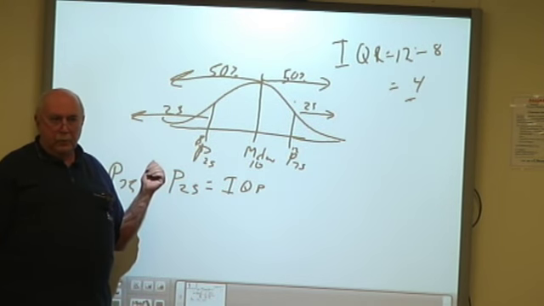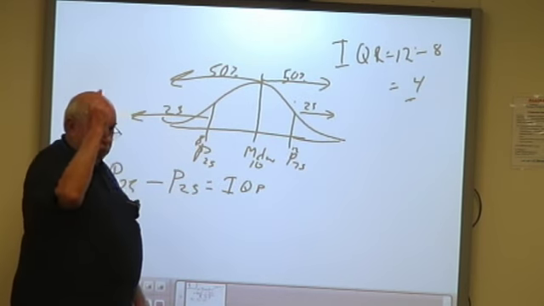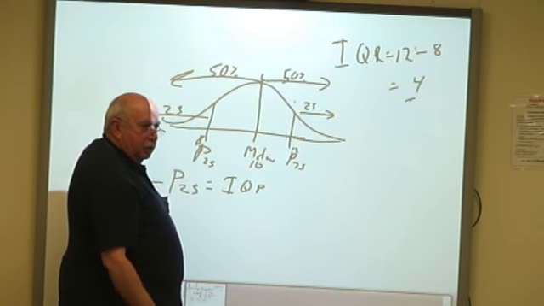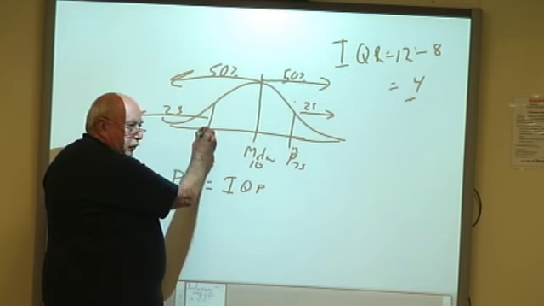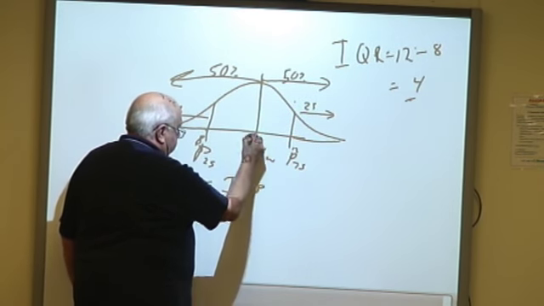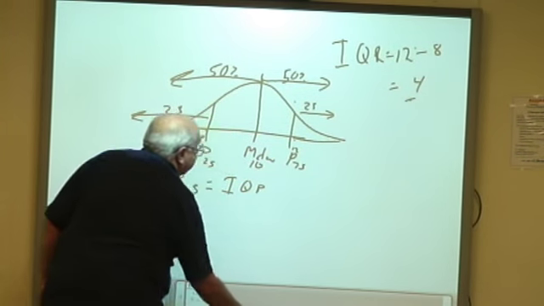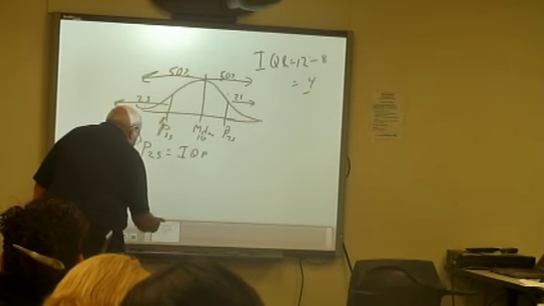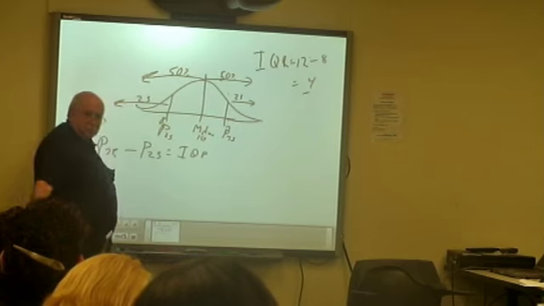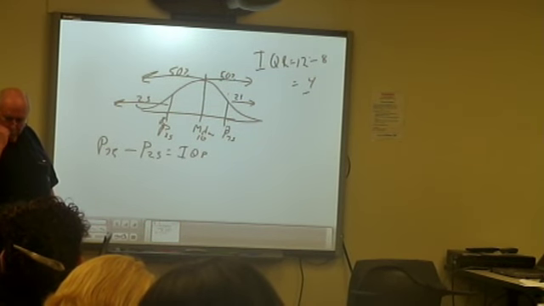Got it? Where did 12 come from, Steve? I just drew it. I said that this is a score of 8, this is a score of 10, and this is a score of 12. Now that I understand that part, can you do that again on the P75 minus P25?